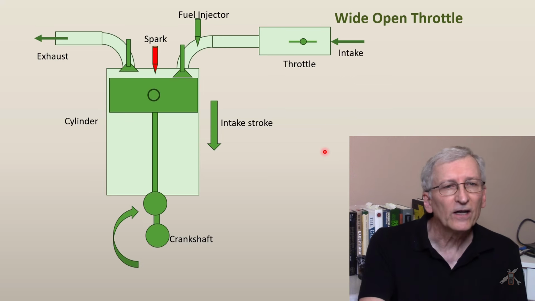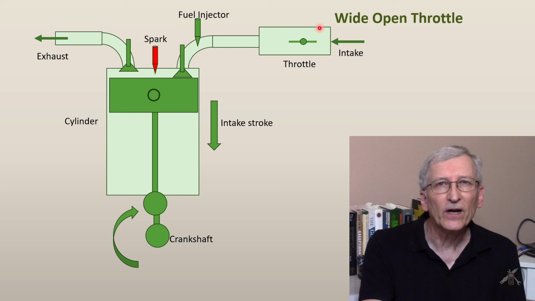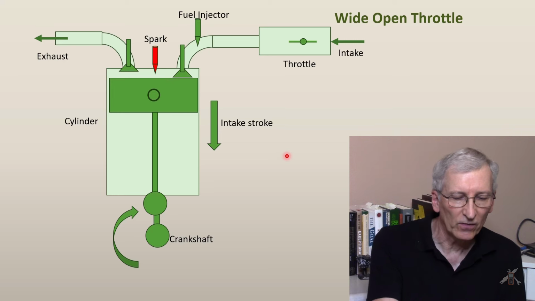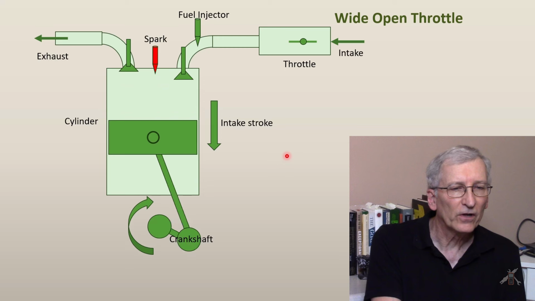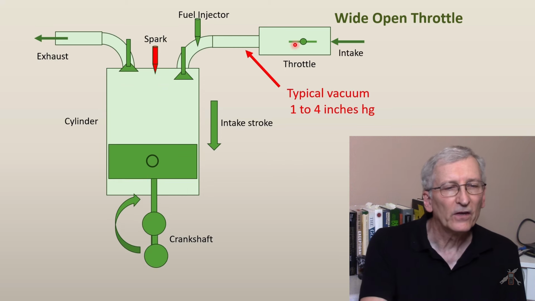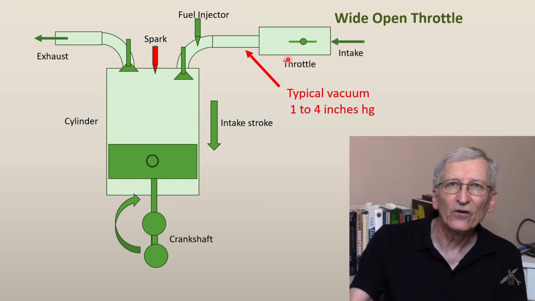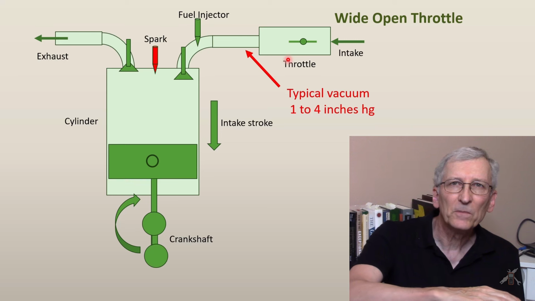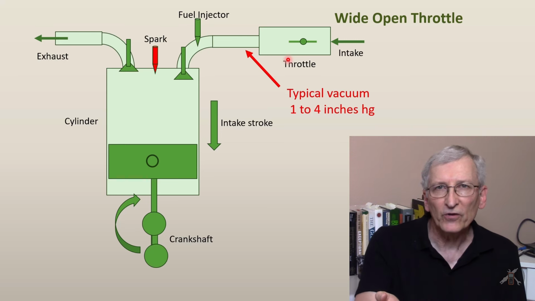Now at wide open throttle, you open that throttle plate up, and same conditions. I'm going to have an intake valve open and an exhaust valve closed, and on the intake stroke it's going to go click, click, click until it gets to the bottom, and it's trying to pull air in, but because that throttle's open and the air is rushing in behind it, you can't get nearly as much vacuum.